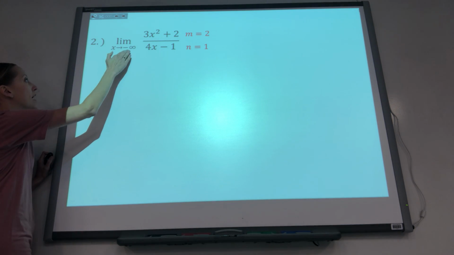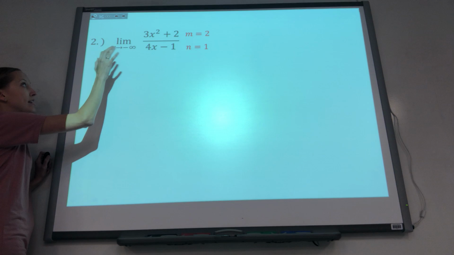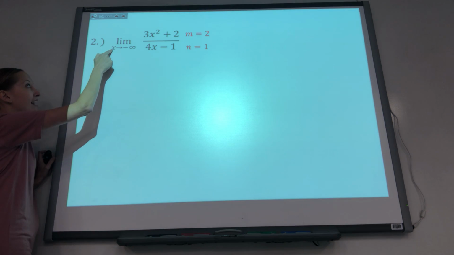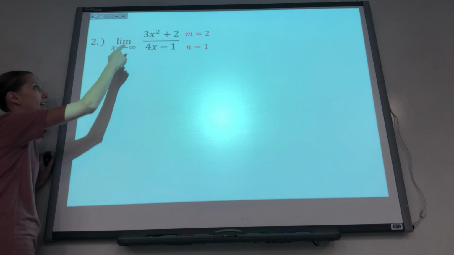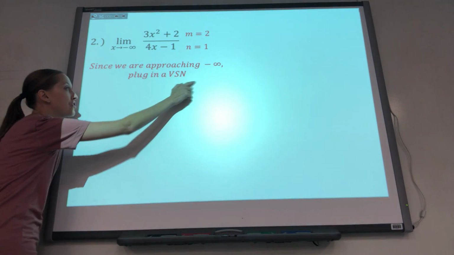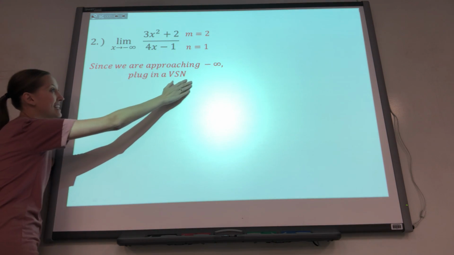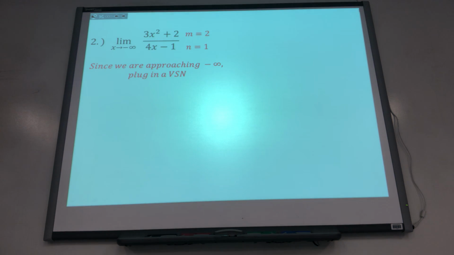And this is where I immediately go. On this problem, our x values are approaching negative infinity. So you may actually want to write this down because it's kind of hard to remember later on why you did it that way.